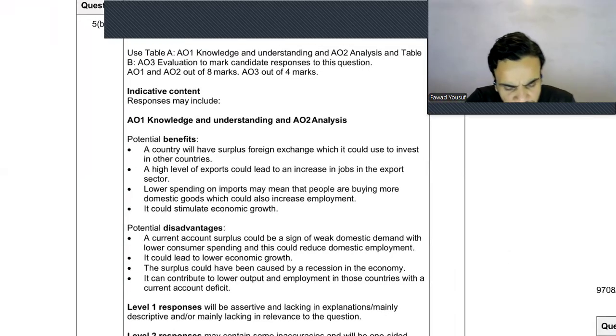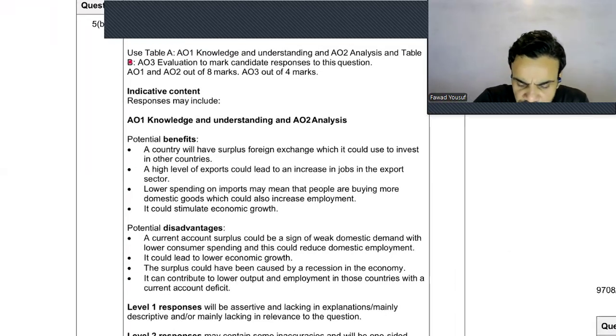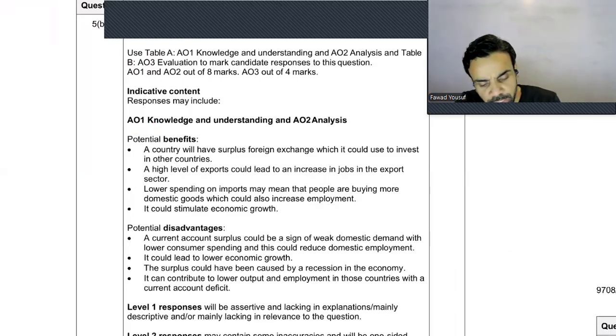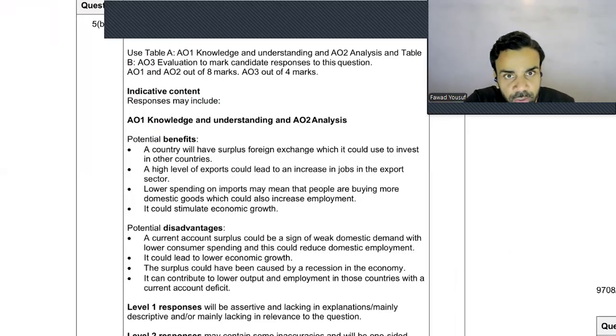Okay, at least in this marking scheme, they are not giving you a mark for defining surplus or any explanation of it. They're just directly going into the potential benefits of it. So they are explaining a country will have a surplus of foreign exchange which it could use to invest in other countries.